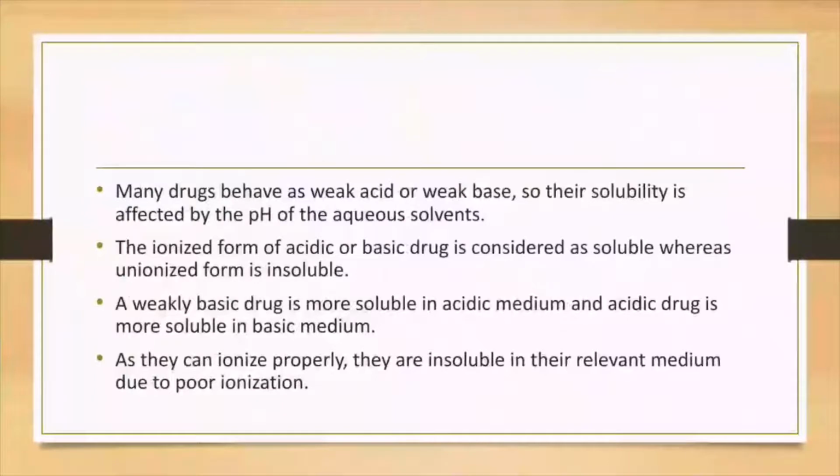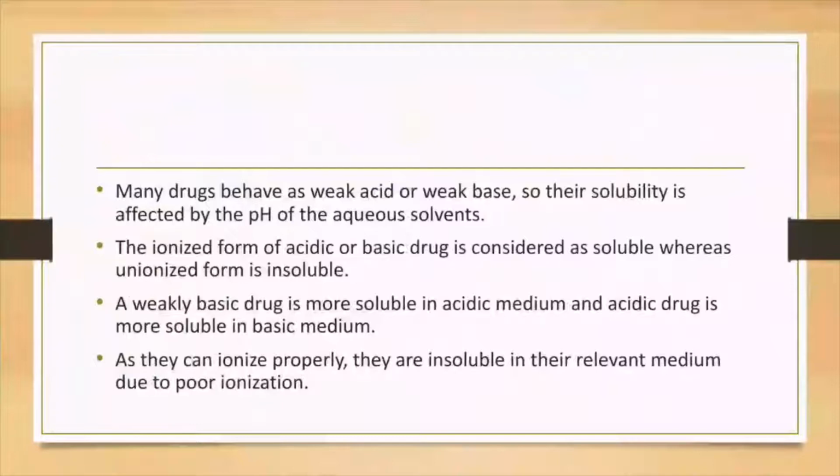Now, many drugs behave as a weak acid or weak base, so their solubility is affected by the pH of the aqueous solvent. Whenever you dissolve a particular drug in a particular solvent, a change in the pH can be observed, and the solubility also gets affected by the pH.